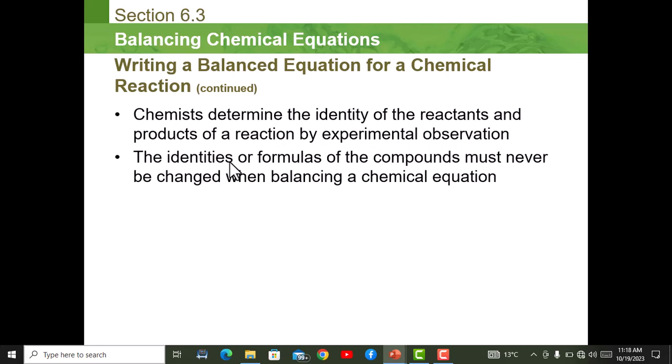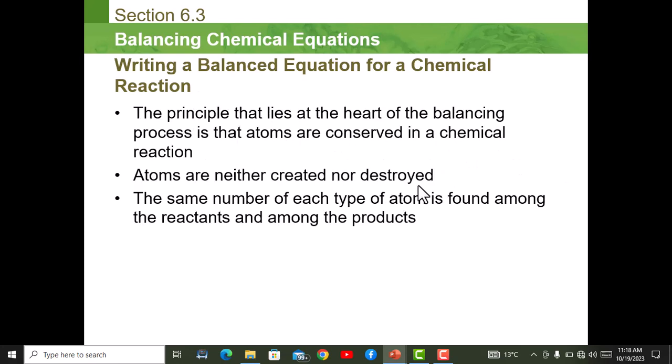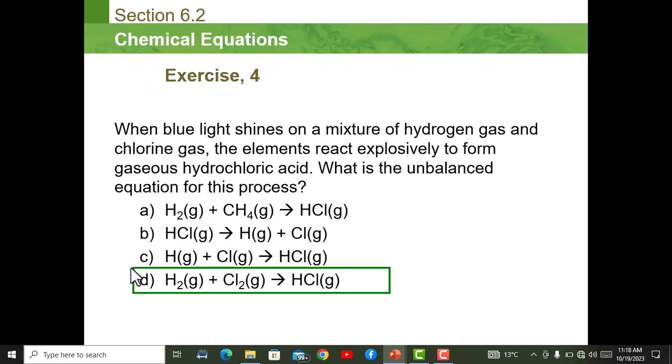The identities or formulas of the compounds must never be changed when balancing a chemical equation. Let's try to read that with care. The identities or the formulas for the compounds must never be changed when balancing a chemical equation. When you balance a chemical equation here, you do not write this the way in which you want.